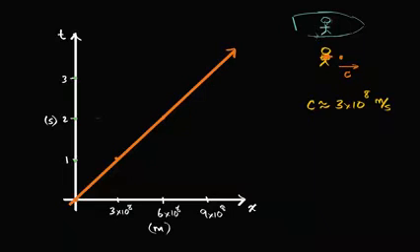The spaceship is traveling with a pretty incredible velocity in the positive x direction. If this vector is the speed of light, which seems like an awfully short arrow, then let's say that this thing is moving with half the speed of light, which is still incredibly fast.